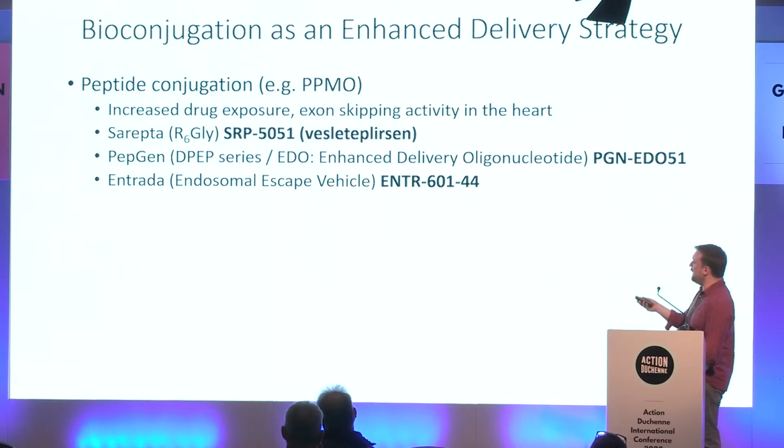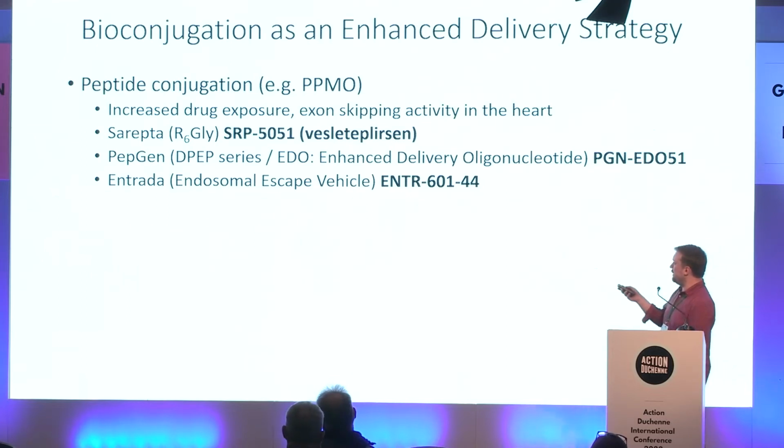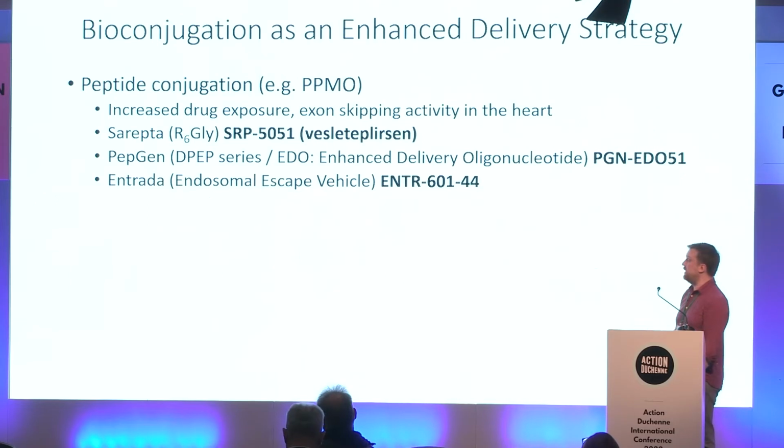That's exactly the case with the first one that I've listed here, which is SRP-5051, the Sarepta drug. This is the exon 51 skipping drug eteplirsen, which is approved in the US, with a short peptide attached onto it, which helps get those oligos into patient muscles. But there are a couple of other companies in this space.